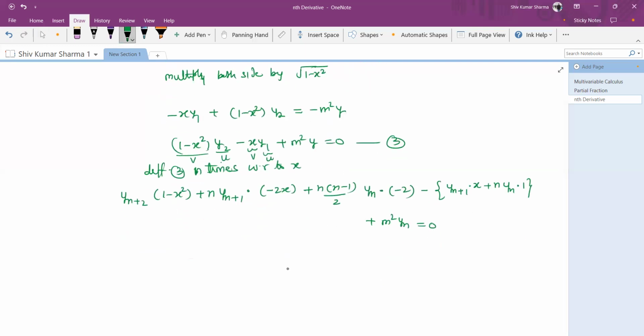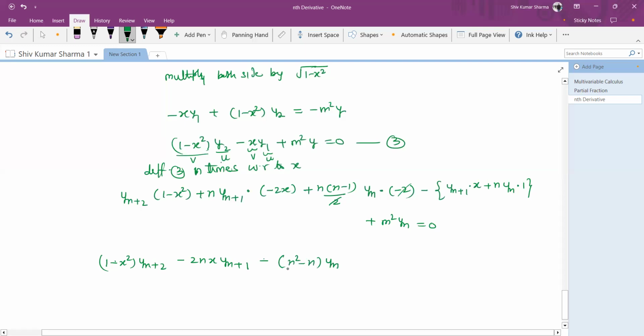So now we simplify this: we write (1 minus x square) y(n+2) minus 2n x y(n+1), and the 2 cancels, with a negative sign, so minus (n square minus n) into yn, minus x y(n+1) minus n yn plus m square yn is equal to 0.